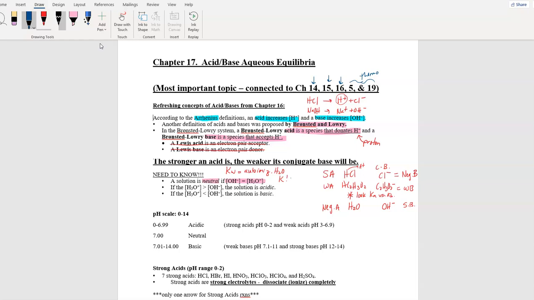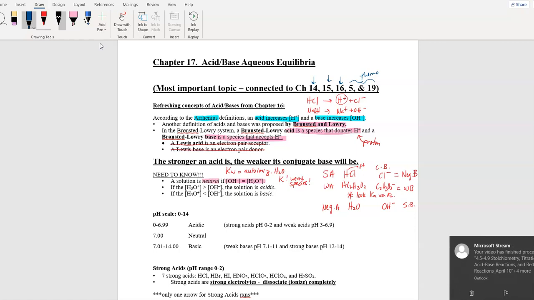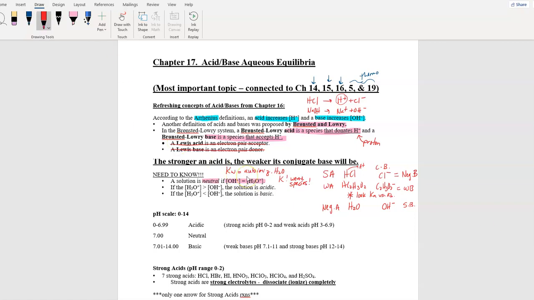If it has a K, we know it's a weak species. Because strong acids don't have Kas, and strong bases don't have Kbs. Only weak substances have them, because they don't dissociate completely. So with water having Kw equal to H times OH, it tells you that there must be some weak properties of water.